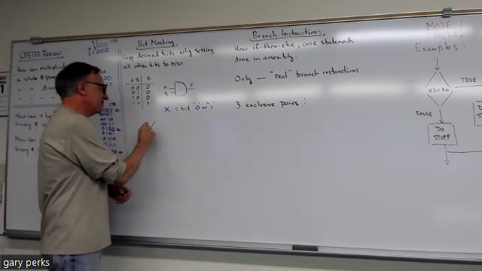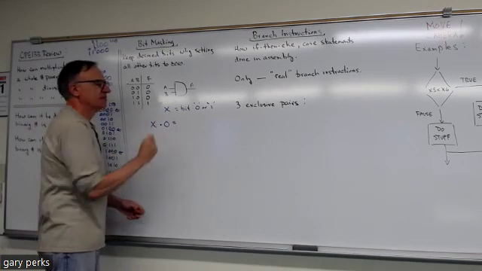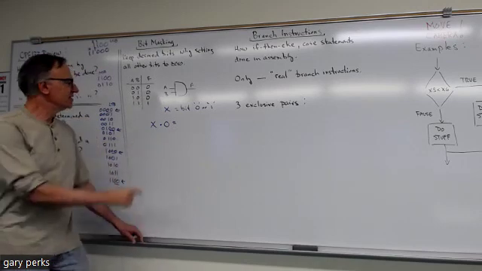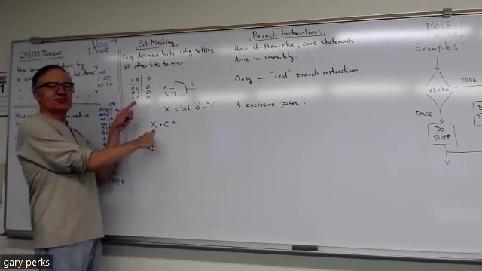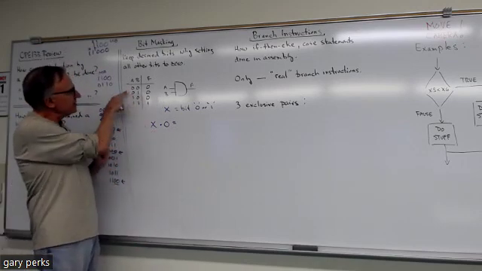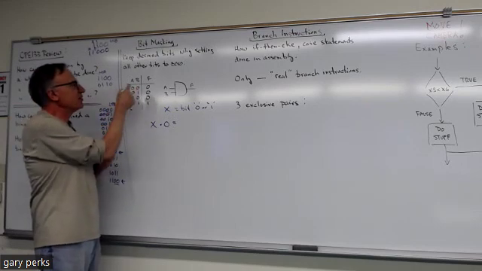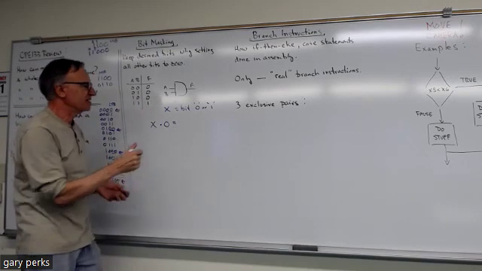Well, if I take x, if I take a bit and I AND it with 0, I'm going to get what? 0, right? Because from the truth table, if one input to an AND gate is a 0, it doesn't matter whether the other bit is 0 or 1, you're going to get 0 out.